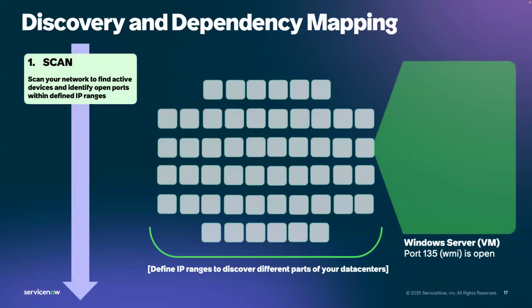So when we think about the results of discovery, it really is a four-step process. When you create those discovery schedules, identify those subnets that we want to scan. We go out and scan those. We look for open admin ports, 22, 135, 161, 80, 443, etc., right?